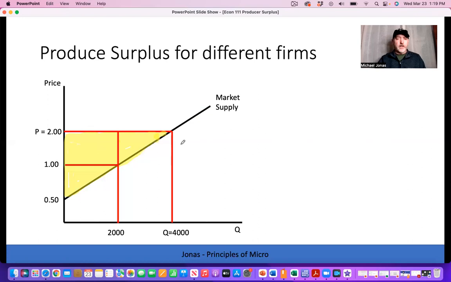One other thing to kind of think about here is when we think about producer surplus for the market as a whole, right? So we're measuring that area under the price above the supply curve for the entire market supply, is that we can kind of think of that supply curve as representing different firms, right?